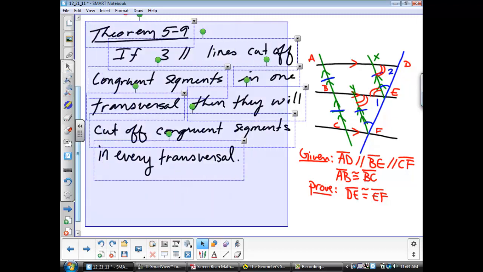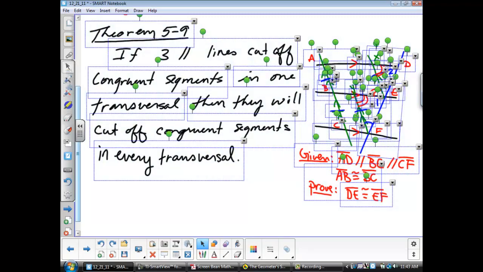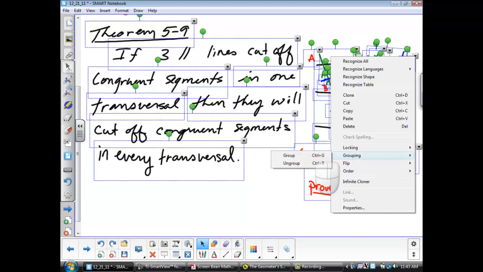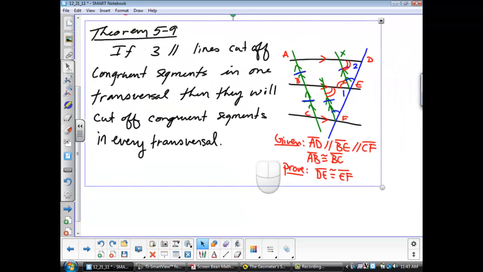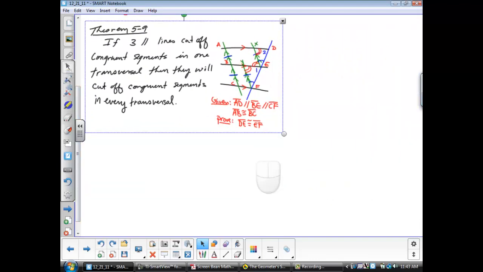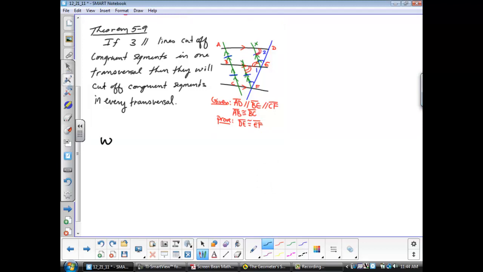Let's go ahead and write a proof. So first off, when we draw XE parallel to AB, I have to explain what my auxiliary lines are.